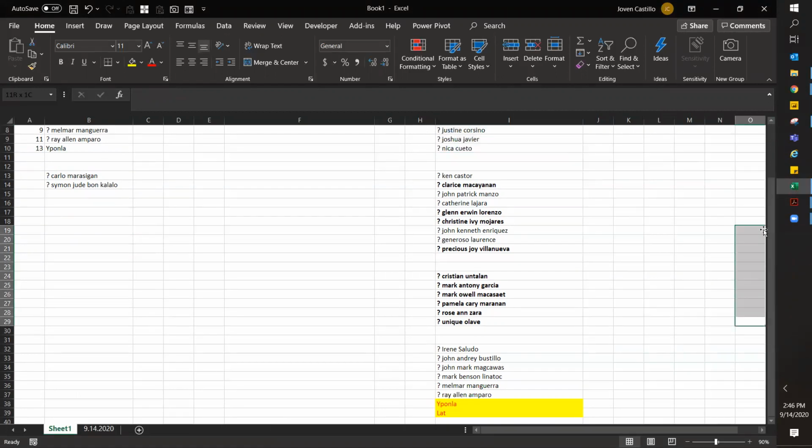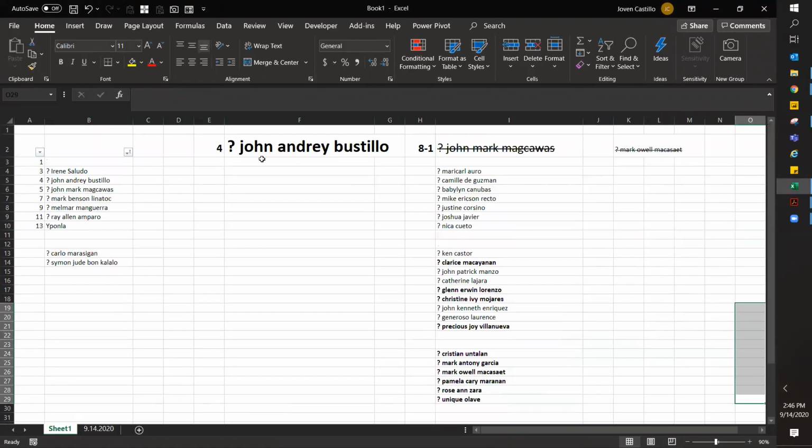But, how about itong sina Sir Carlo at saka si Sir Simon? May bagong grupo? Hindi ibig sabihin na exempted, hindi na sasali. Automatic pasado yun, pero syempre, magpa-participate pa din. Di ba ganun yung usapan?